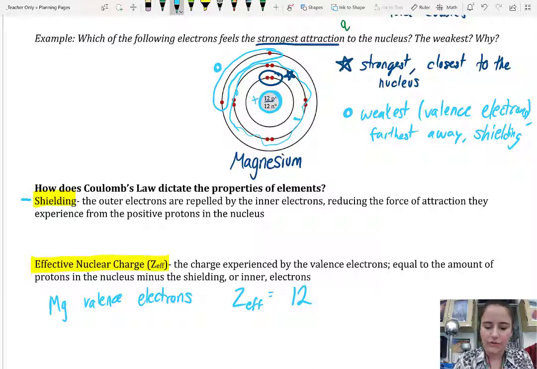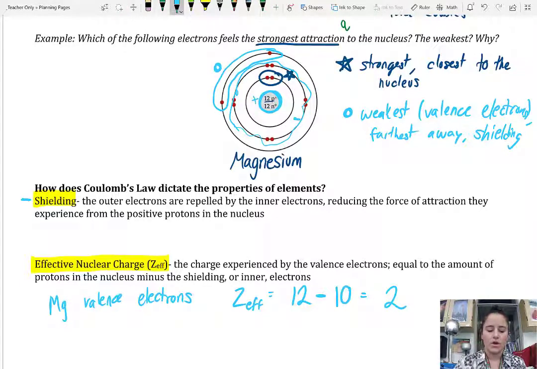So there's 2, 4, 6, 8, 10 inner electrons. Because protons and electrons both have a charge of about 1, the effective nuclear charge acting on magnesium's valence electrons is only 2. Okay, cool?